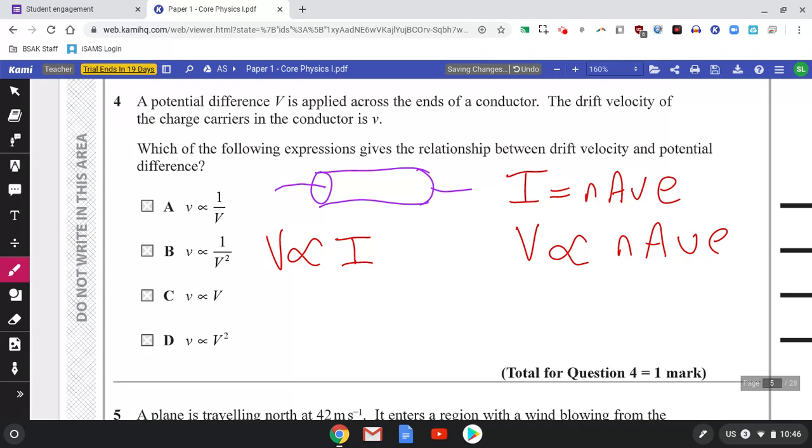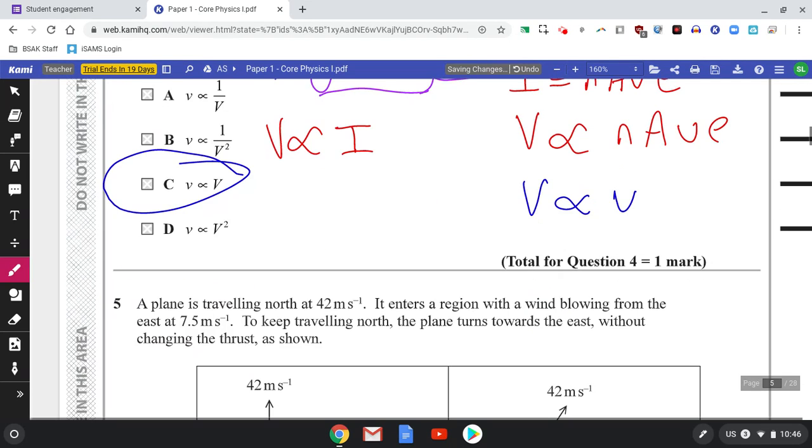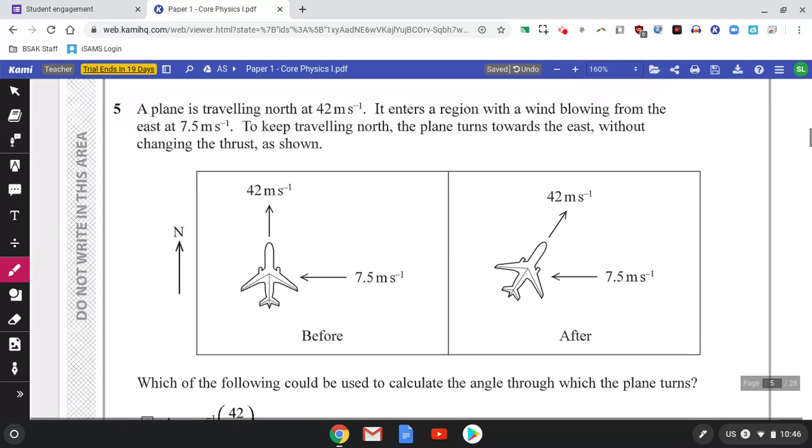Now, charge carrier density is going to be constant. Cross-section area is going to be constant. Charge on an electron is constant. So we have to say with a fair amount of certainty that the applied potential difference is directly proportional to drift velocity. So the answer is C, isn't it? Okay. Very straightforward, that one, if you make the assumptions I just mentioned.